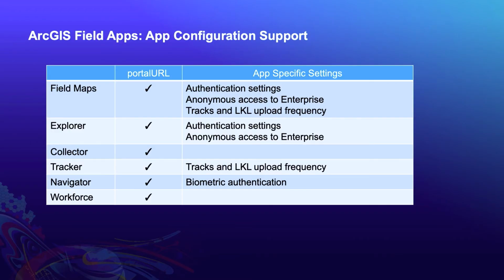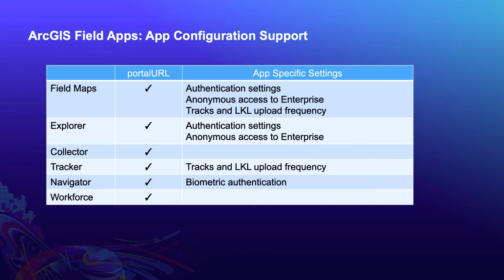Thank you, Joel. So hopefully that gives you a good idea of how an MDM deployment works in practice. These next few slides, I'll highlight some of the categories of parameters that are supported in the field apps as well as the specialized apps. You can see that we have authentication settings that allow you to guide how that authentication workflow works in our field apps for both Field Maps and Explorer.